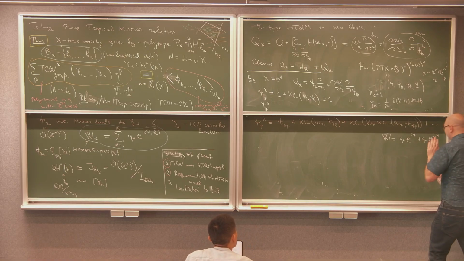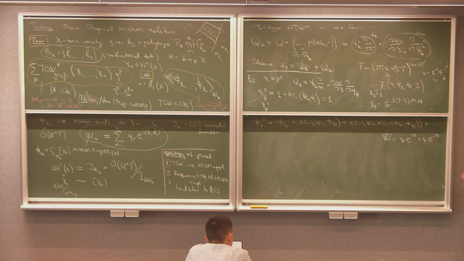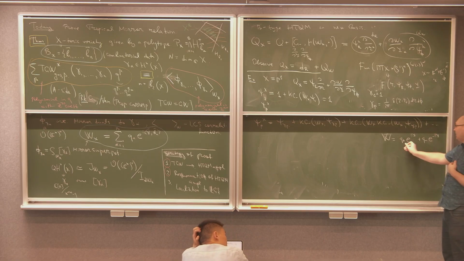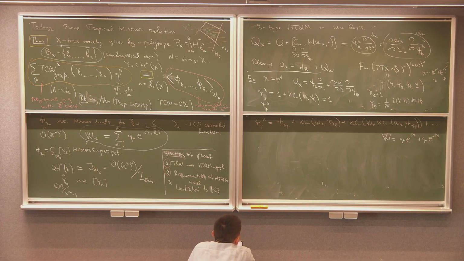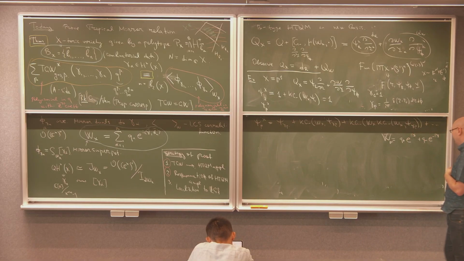I apologize for that. Let me remove them everywhere. Essentially we have two inward pointing normal vectors, which are +1 and -1. So therefore we have exactly two exponents in our mirror superpotential, and we introduce these formal parameters w plus and w minus, and that is the mirror superpotential for P1.